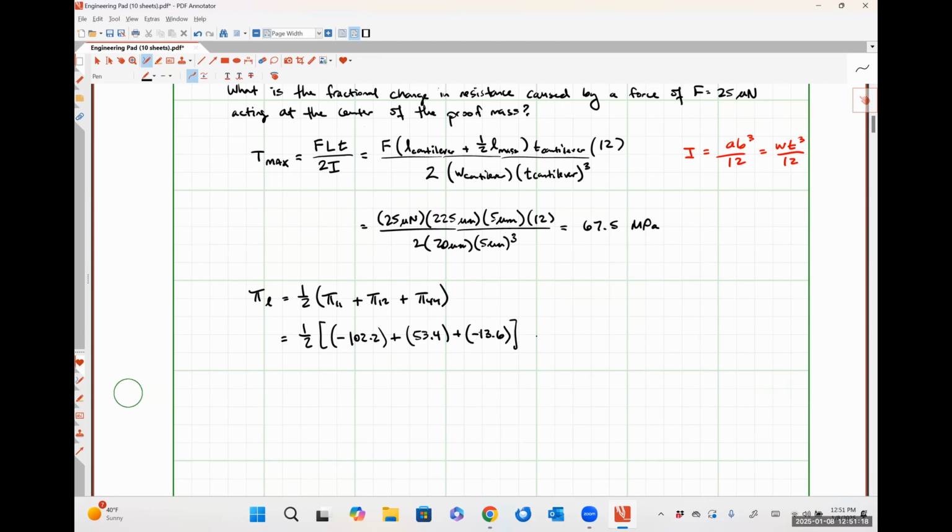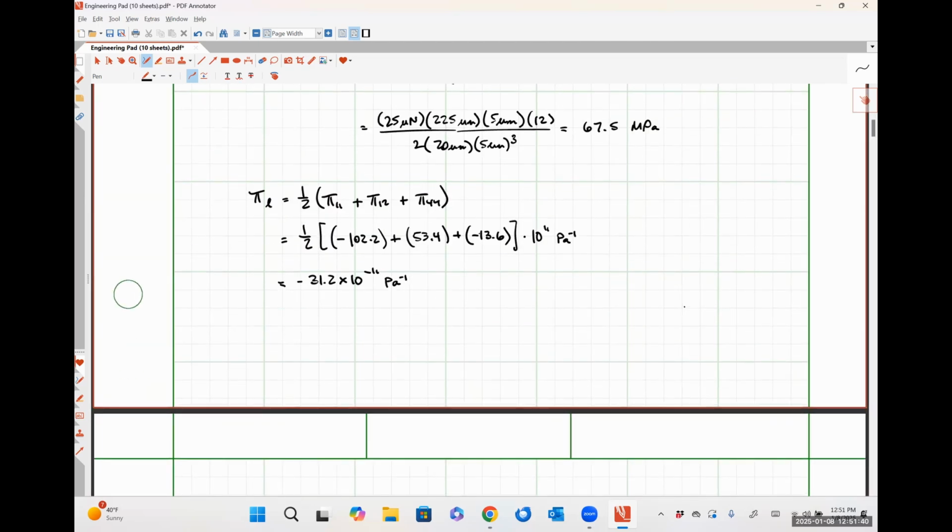All of those coefficients have units of 10 to the 11 per Pascal. And so this bit comes out to be negative 31.2 times 10 to the minus 11 inverse pascals.